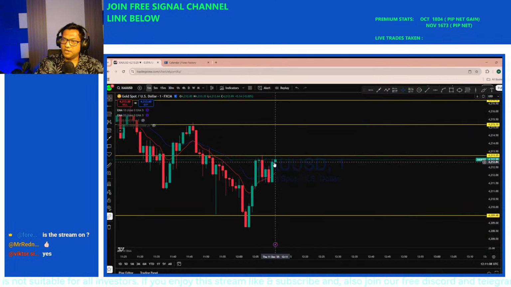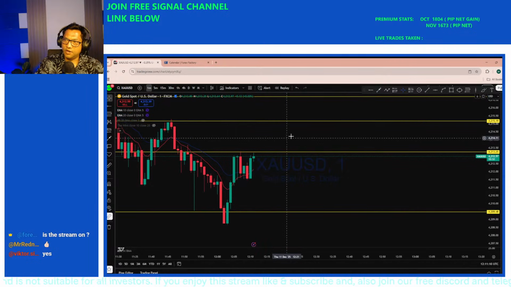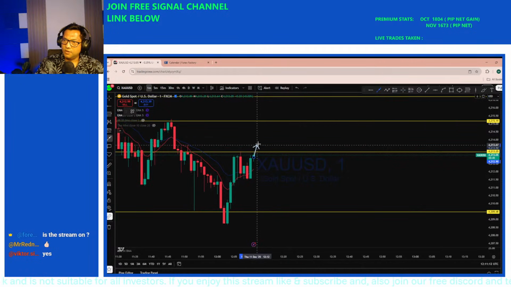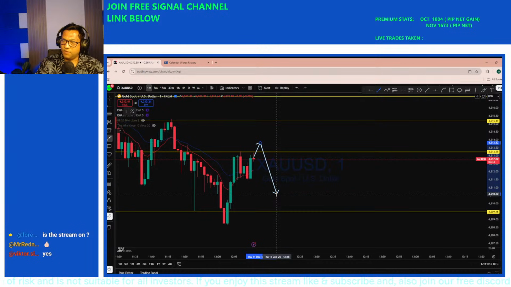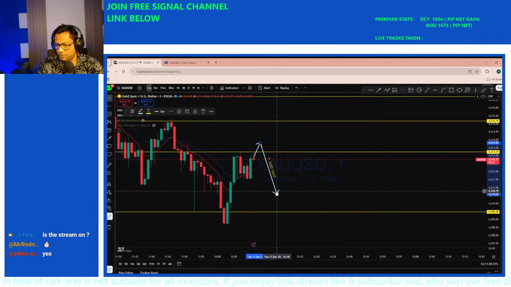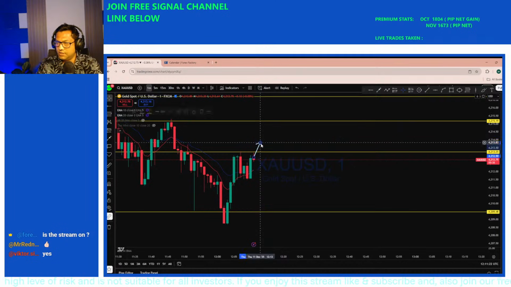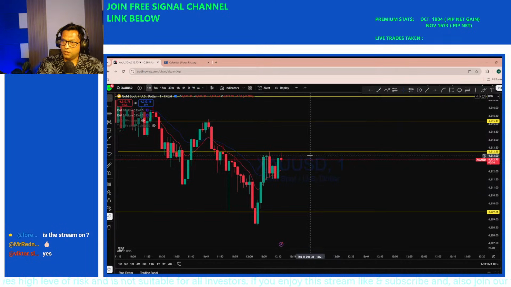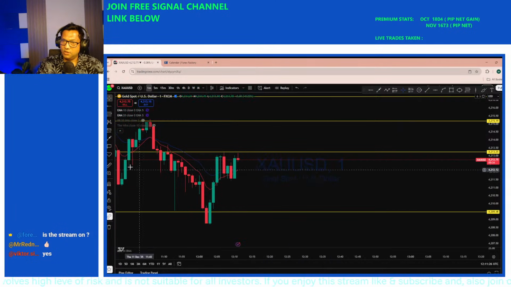We might see now a break of this high here. With that break of this high, if the market eventually returns from that level, that is where we are looking at a potential sell.